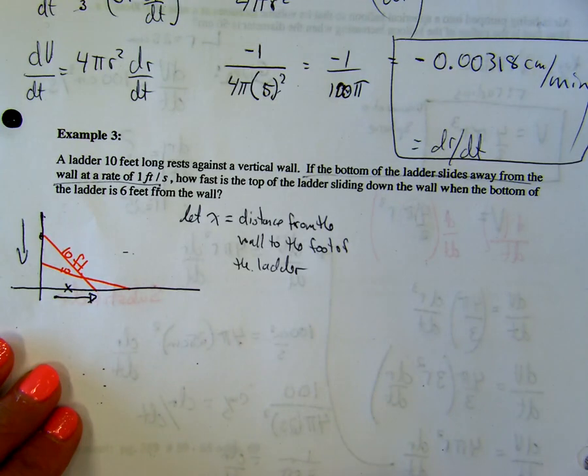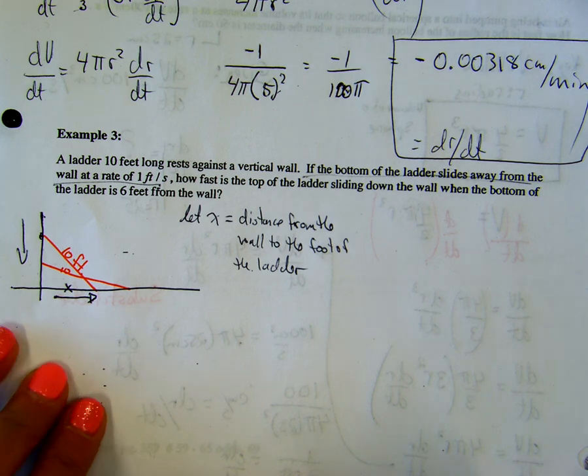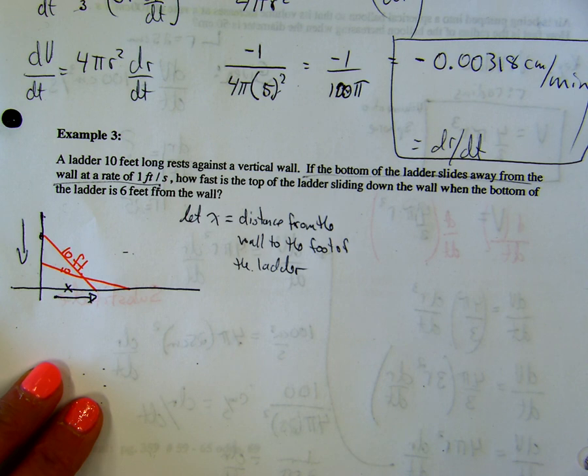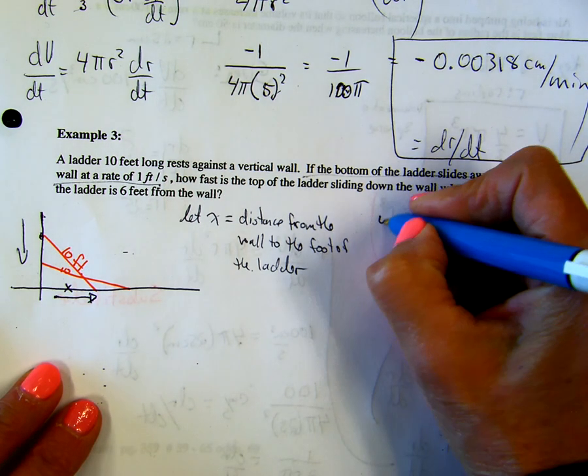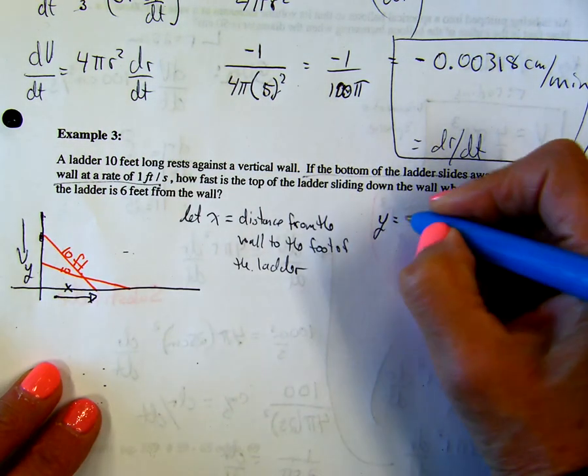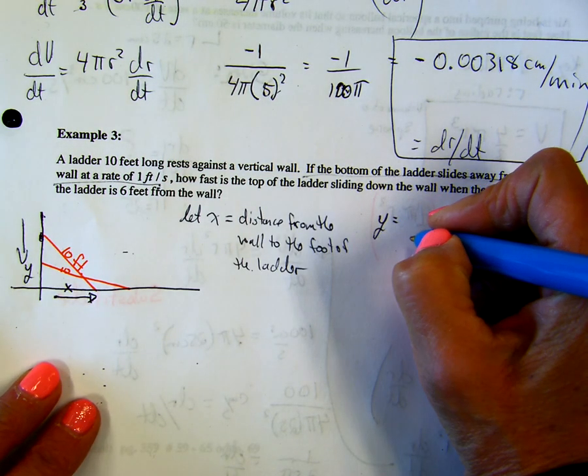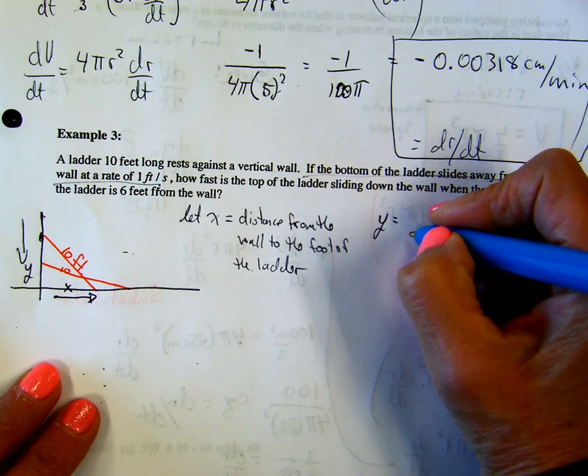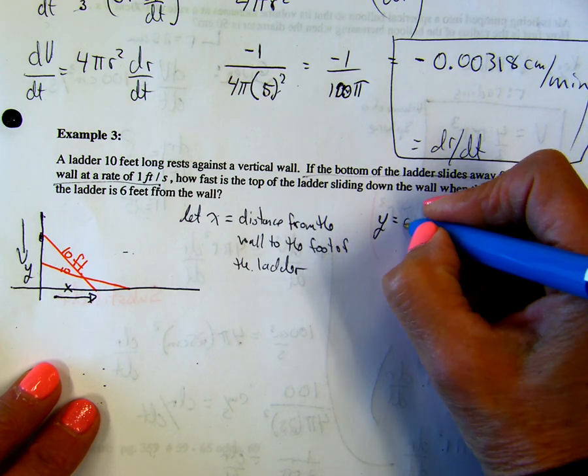I think sometimes it's tedious to set up a key, but if you stop and do this, you can really clarify what your variables represent. Sometimes when you come back with your interpretation, you misinterpret what you said it was going to be. So really be specific about what your variables are. I'm going to call this y, and I'm going to let y equal the distance from the floor to the top of the ladder.